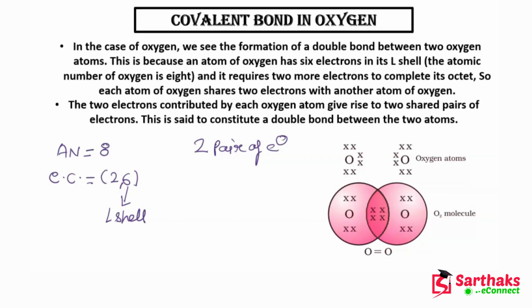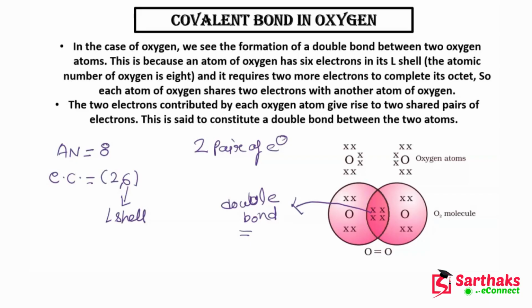This is a double bond. And this double bond will be shown by 2 single lines like this. If you see these 2 single lines between 2 atoms, you will automatically understand that there is sharing of 2 pairs of electrons. I hope guys this point is clear to you.